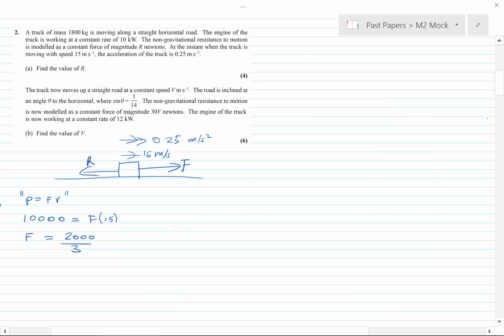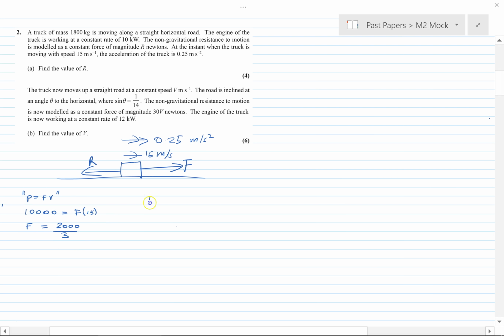Now I'm going to apply F equals ma, because I now have the driving force. The F in F equals ma means resultant force, so the force pushing it forward, take away the resistance force, is equal to mass times acceleration. We are given the mass, which is 1,800, times the acceleration, which is 0.25.